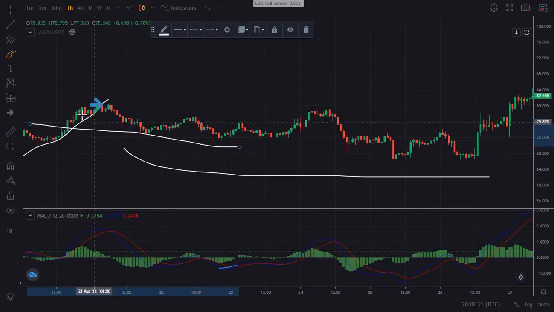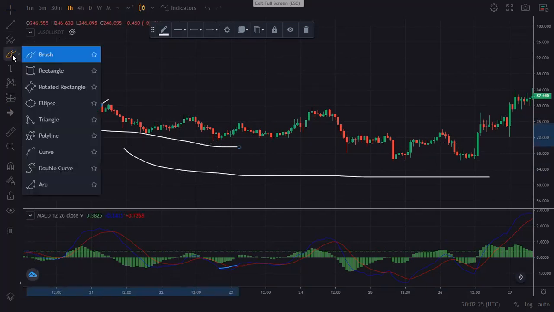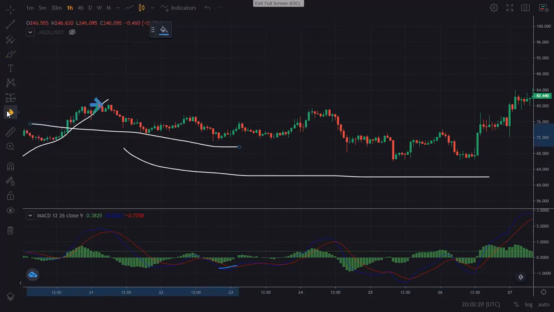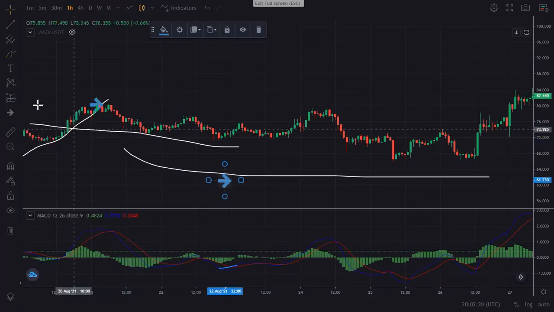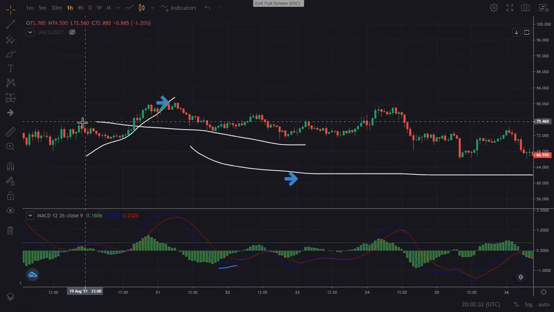You follow the previous. Sorry, I can't draw a perfect line. Let me just make it. Follow the previous high, which is here.